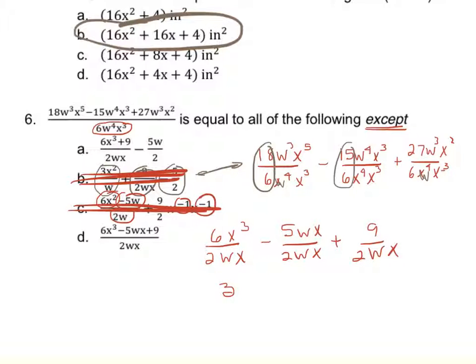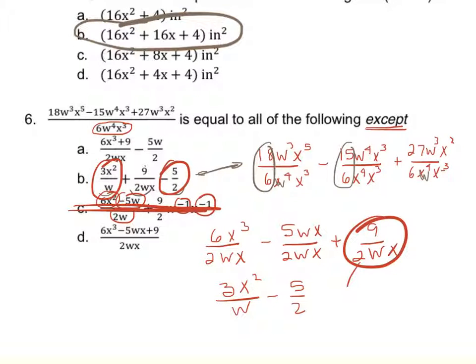Simplifies to 3x squared over w. If I erase B's cover up there, you can see that was the first term of the answer I got. It would be 5 over 2, a negative, had that one in my answer, and the last one 9 over 2wx, had that one. So this one is also equivalent. So our answer to the one that is not is A.